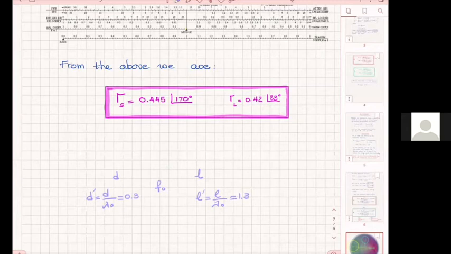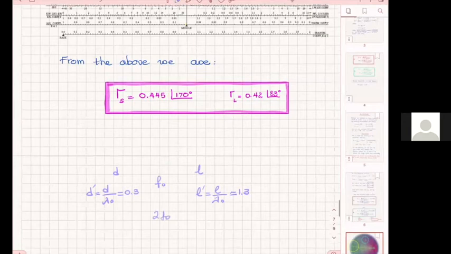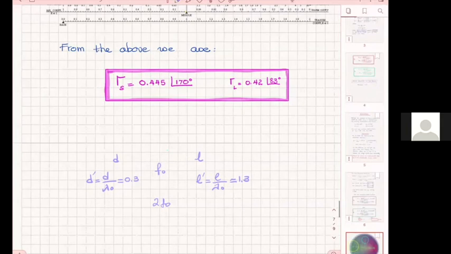I mean, I exaggerate a little bit. Now, okay, you see those? Now I change my frequency from F naught and I go to 2F naught. What is gonna happen to D prime? D prime is gonna go to what? If I increase frequency, what happens to the wavelength?